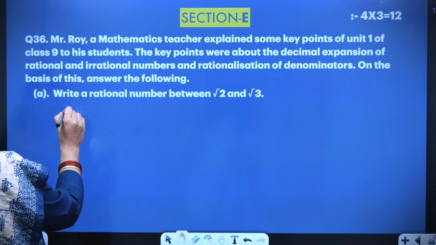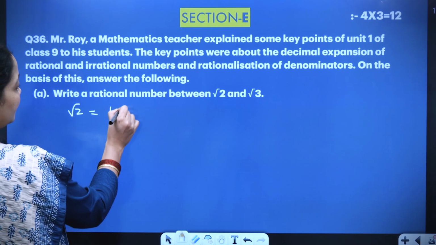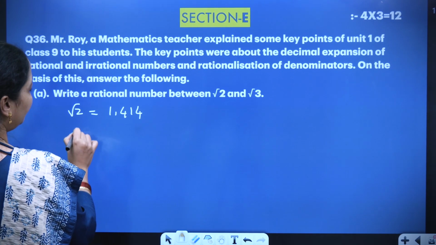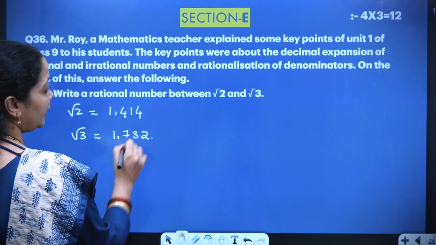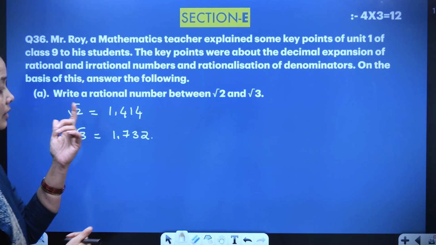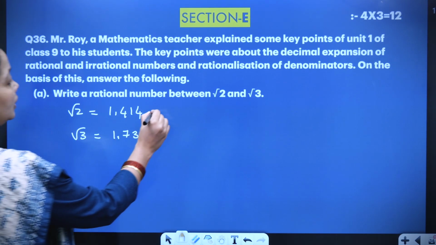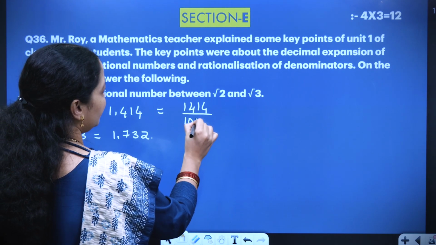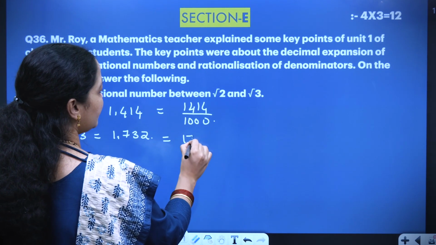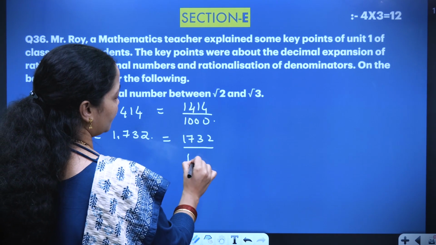The value of root 2 is 1.414 and the value of root 3 is 1.732. If I take the rational number format, root 2 becomes 1414 divided by 1000, and root 3 becomes 1732 divided by 1000.